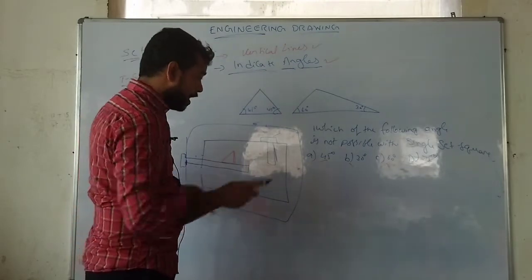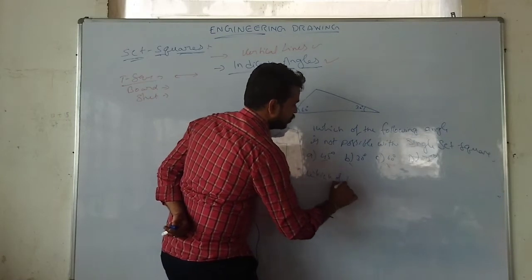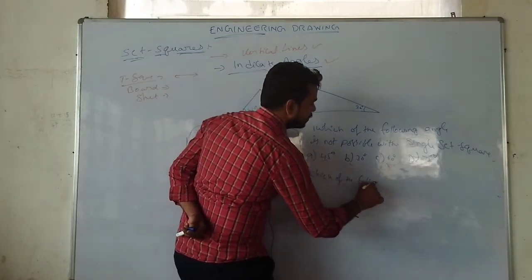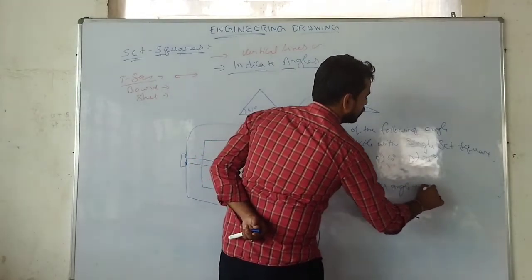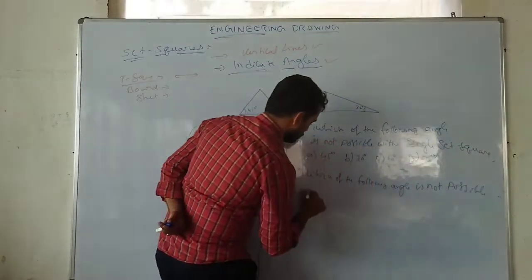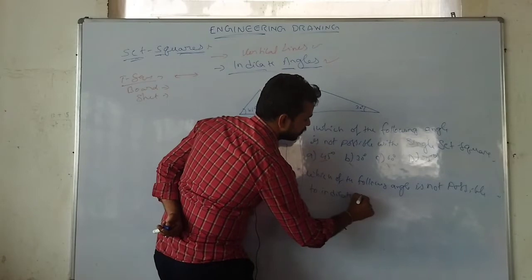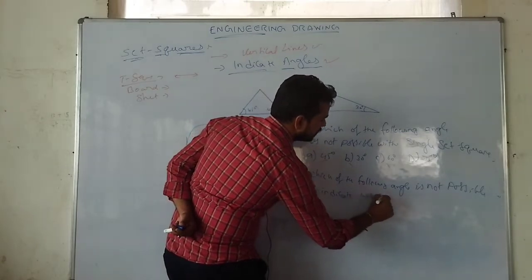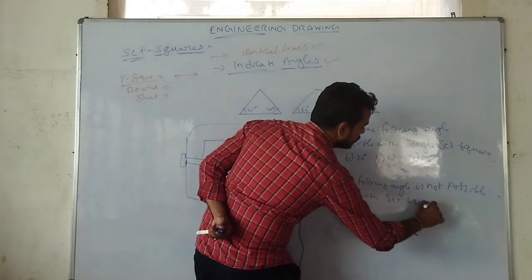Okay, so he will ask you another question like this: which of the following angle is not possible to indicate with set squares? That means with both.